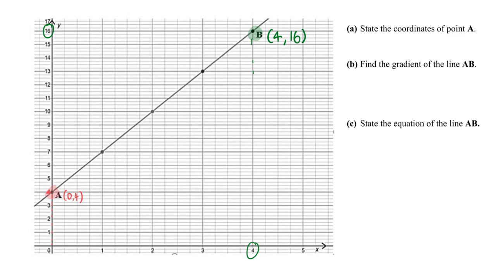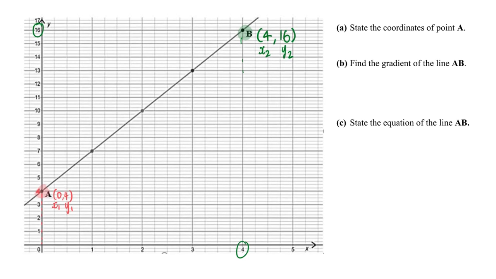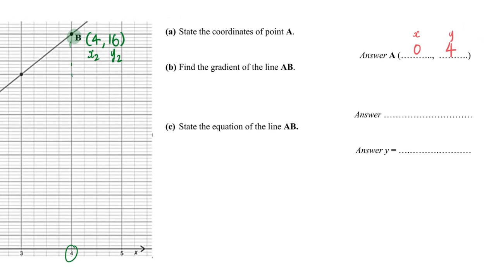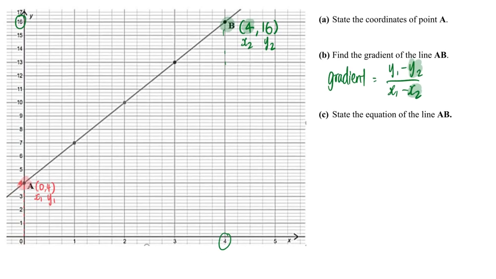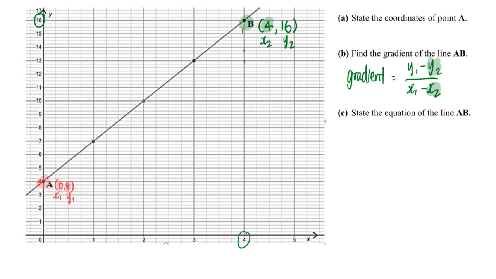And I'm going to just name this as x1, y1, x2, y2, such that when we apply the formula for gradient, y1 minus y2 over x1 minus x2, you will then be able to see that all we have to do is to make sure we substitute the values correctly.